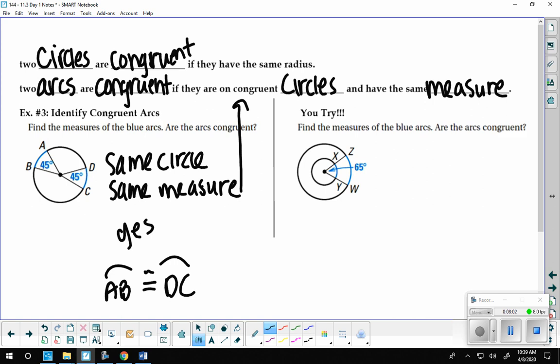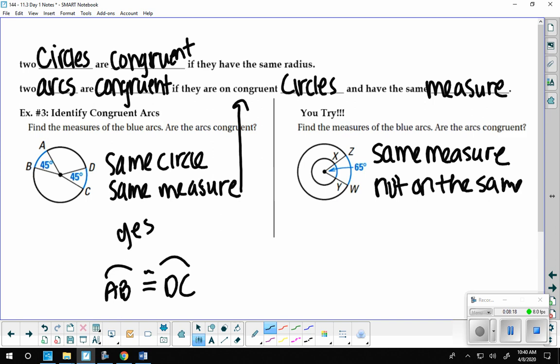Now in this next example, we're looking at two arcs that are not on the same circle. So they do have the same measure. They're both 65 degrees as the picture indicates, but they're not on the same circle though. So therefore they're not congruent.